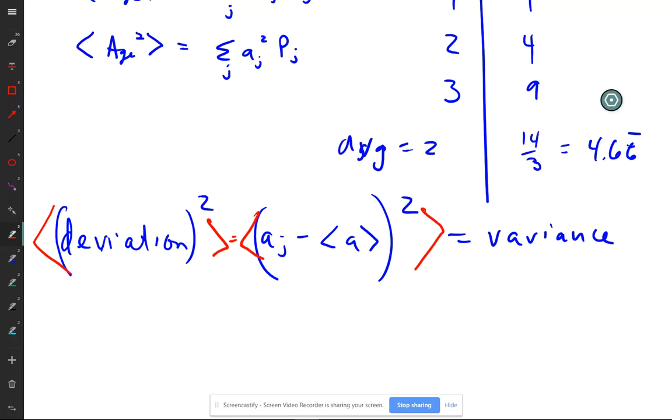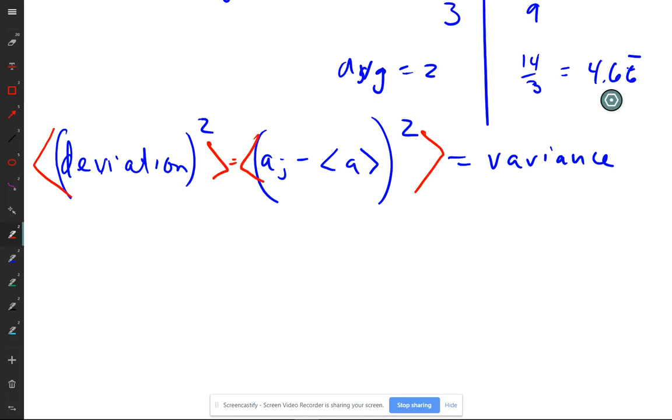Now, if you look at the top of page 9 in the textbook, he does a very quick little mathematical breakdown to show that this turns out to be equal to, and I'm not going to go through the work because it's really self-explanatory if you look at page 9, the average of the squares minus the square of the average. That is equal to the variance.